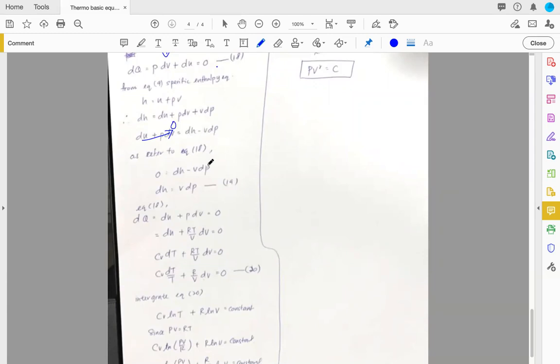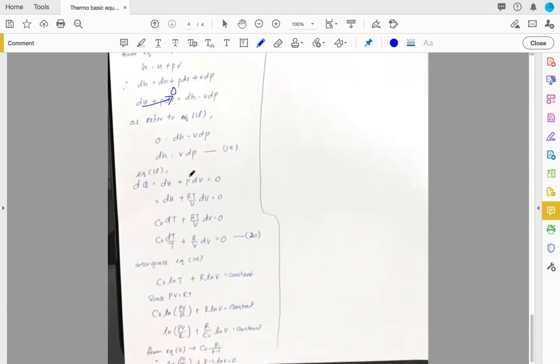Agree? Yes? So we go back to equation 18 again. The equation says dQ equals dU plus P dV equals 0. Agree? And I still can play around with it, because for this P, I can use the perfect gas equation.